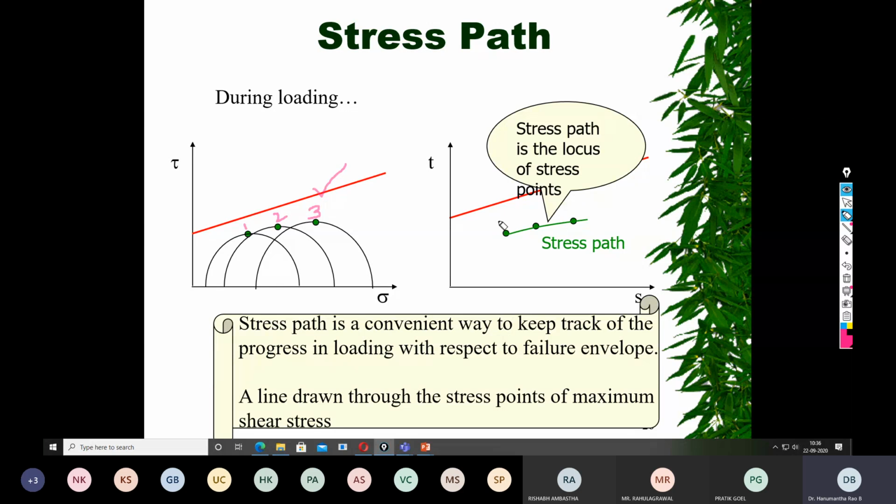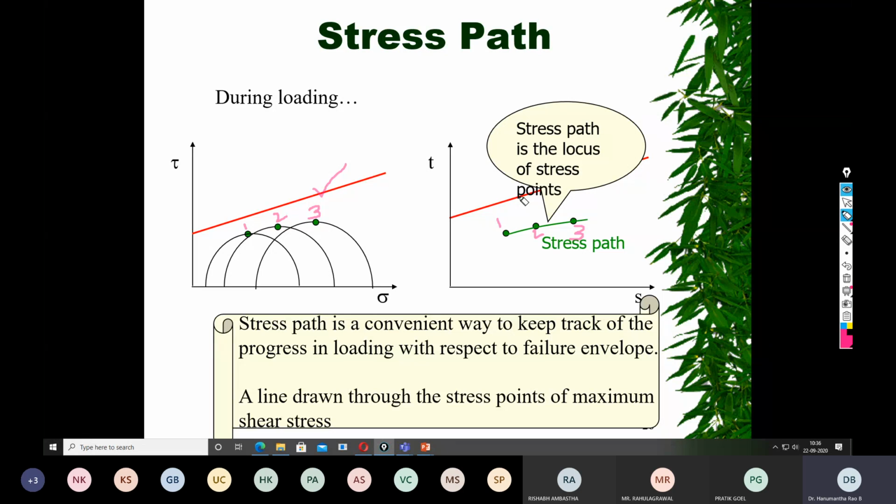What is the implication of this stress path here? Try to understand. Although we started applying the load from 1, 2, 3, as long as this stress path doesn't meet the Mohr-Coulomb failure envelope, there is no failure.